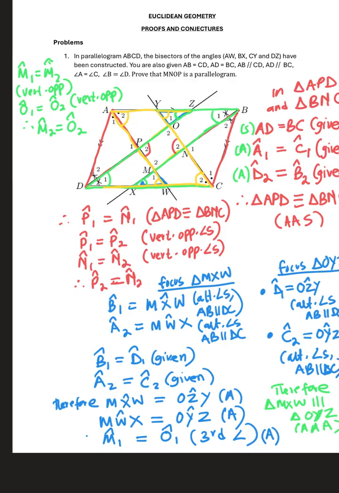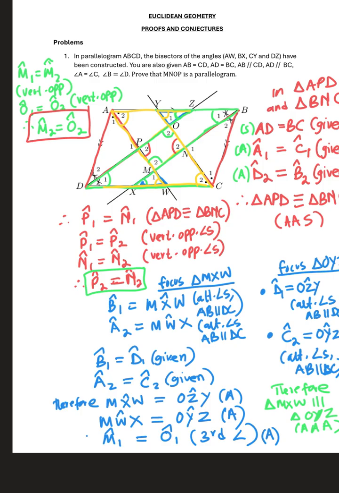Therefore we have shown another pair of opposite angles that are equal. So we have this pair of opposite angles and also this pair of opposite angles that we have shown, P2 and N2.